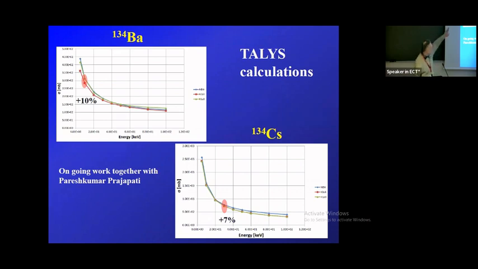No, the blue and the red one are with experimental values. Ah, okay. The blue is the new one, and the red is the old version of KADoNiS. Sorry, I was not precise enough.